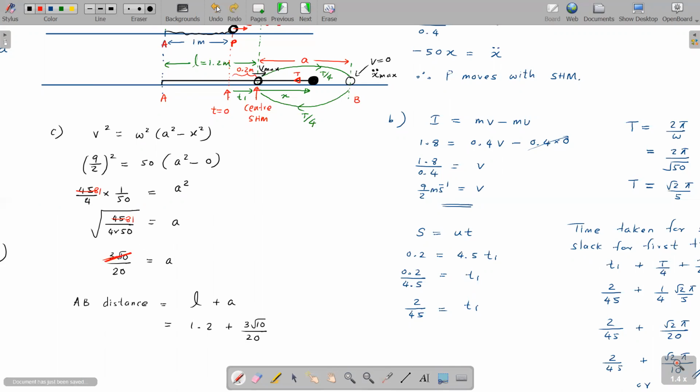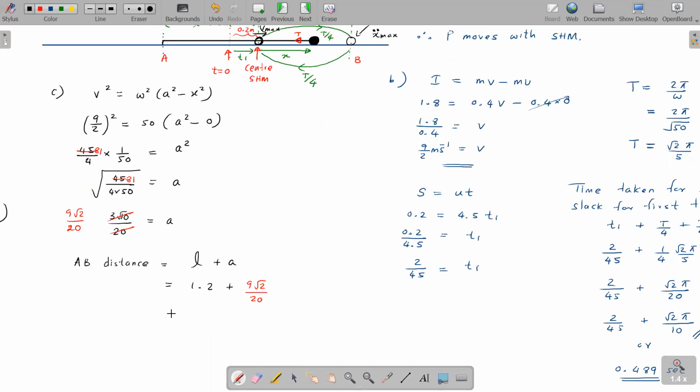So the amplitude is 9 root 2 over 20. So 1.2 plus 9 root 2 over 20, and we get the final answer now, which is 1.836396, and it goes on. So 1.84 meters, correct to 3 significant figures. Okay.